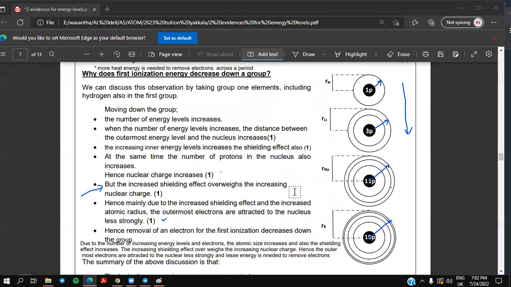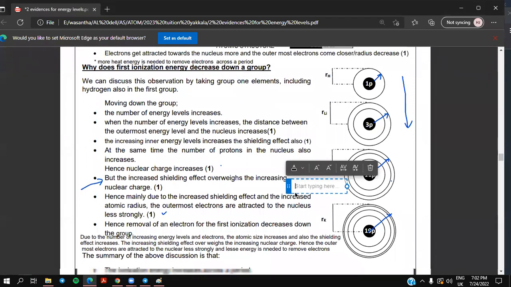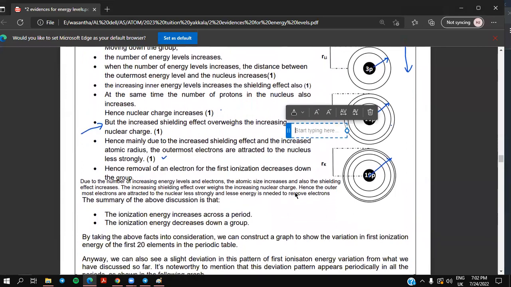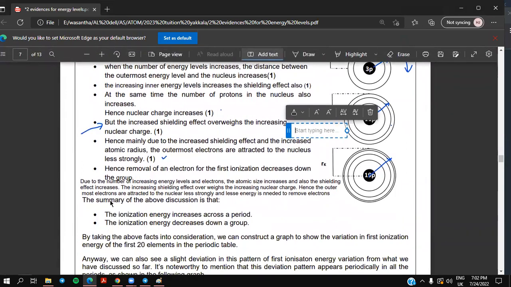See whether you can remember these sentences in a single sentence. All these points I have taken into this. Due to the number of increasing energy levels and electrons, the atomic size increases and also the shielding effect increases. The increase in shielding effect overweighs the increase in nuclear charge.